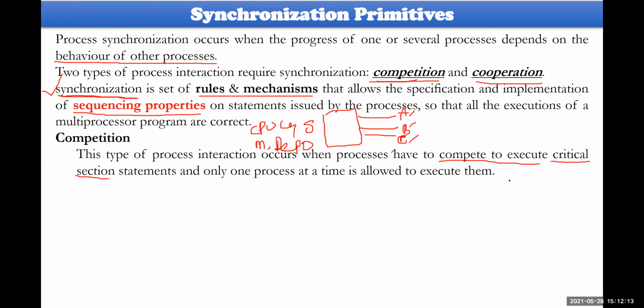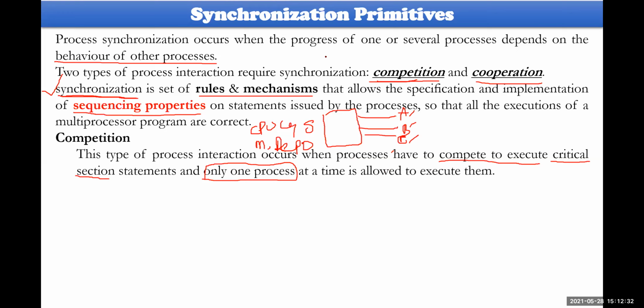They compete with each other, but the solution for the critical section gives a chance to execute only one process, not more than one. The competition will be very high.